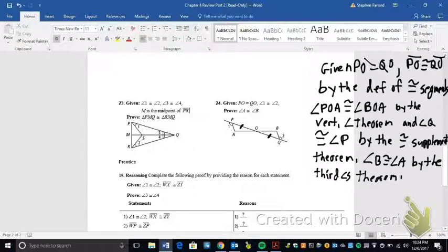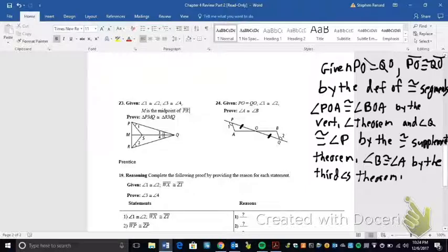Now I could say that I have angle, side congruency, and then go the CPCTC way. Say that because triangle PAO is congruent to triangle QOB by angle side, angle A and angle B are congruent because their corresponding parts of congruent triangles are congruent.